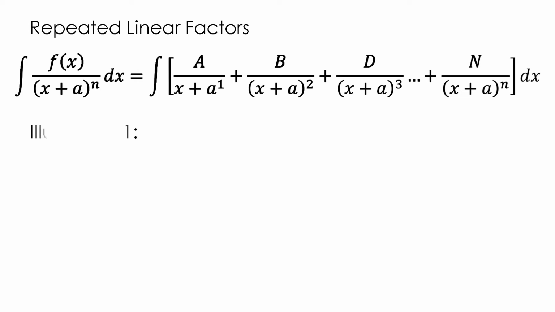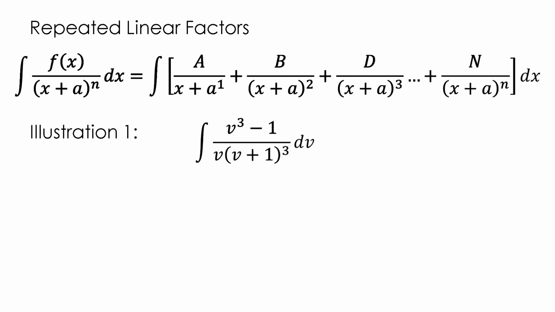Let us illustrate that by evaluating the integral of v cubed minus 1 all over v times the quantity v plus 1 cubed times dv. If we consider the rational fraction of the integral, we could resolve this into partial fractions.